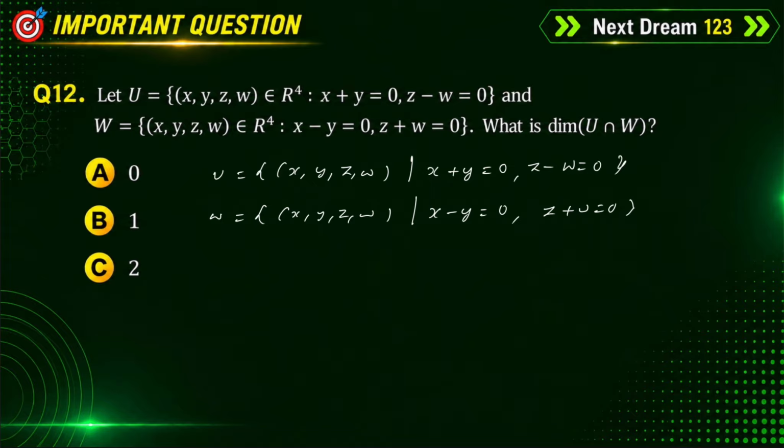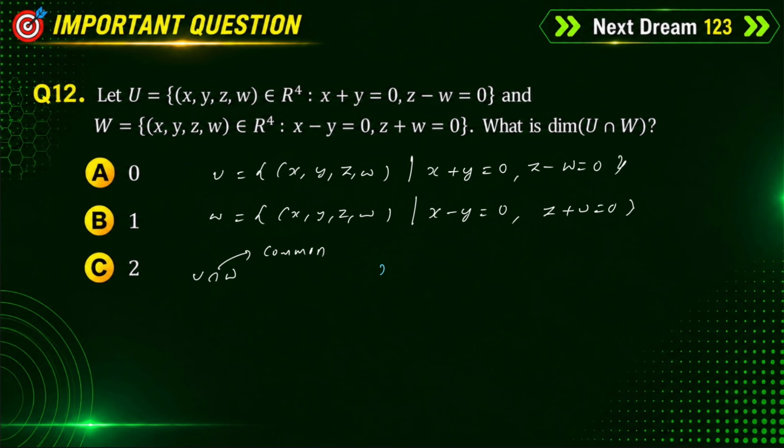You should understand, first we have to find U intersection W. Before finding the dimension of U intersection W, we should find what U intersection W is. What is the meaning of intersection? Intersection is nothing but the common elements, the common portion. First we solve the conditions.